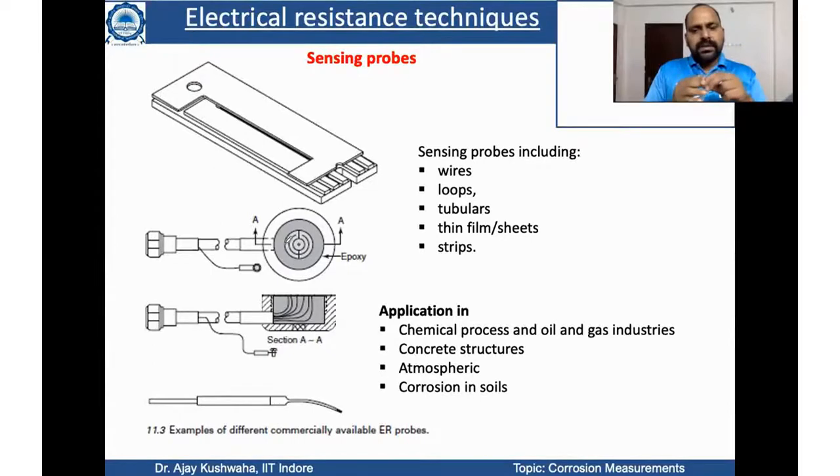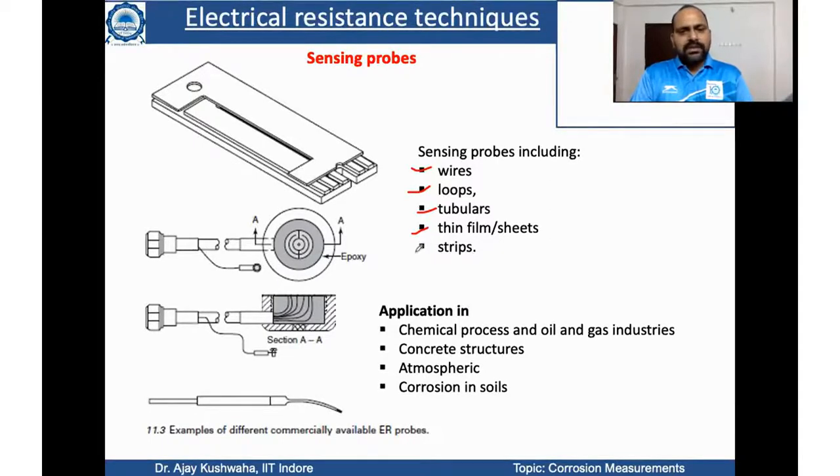In the next PPT, I'm going to discuss at least one idea of how this electrical resistance method can be applied. Typically, the components in the sensing probe are the wires and a loop to fix the wire and connection, then tubulars, then a thin film on the seed, basically the particular material on which we expect the degradation to happen, or for which we are going to measure the corrosion.